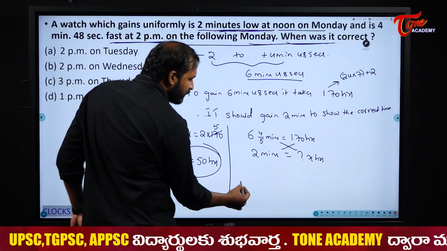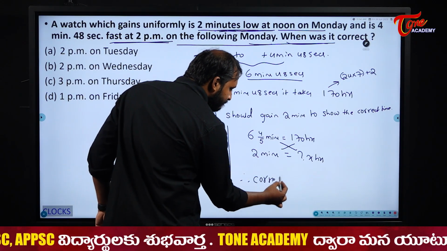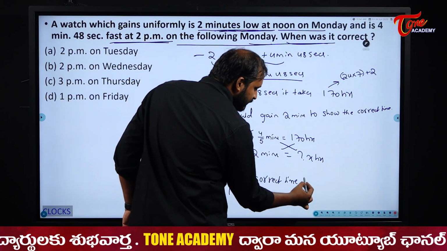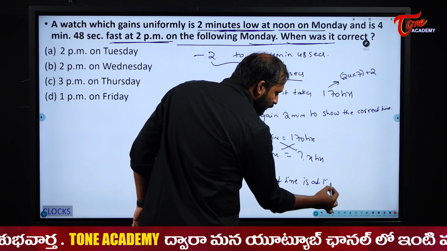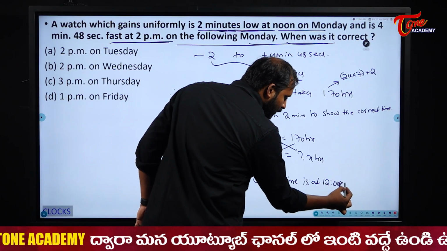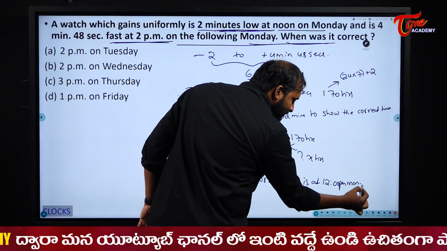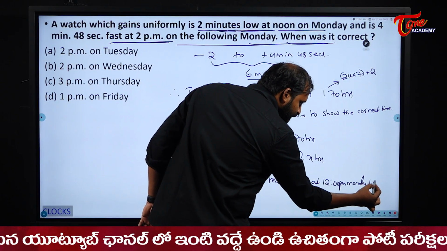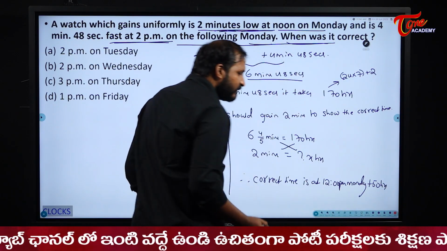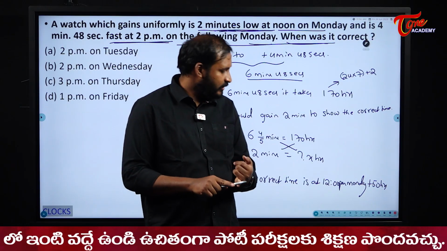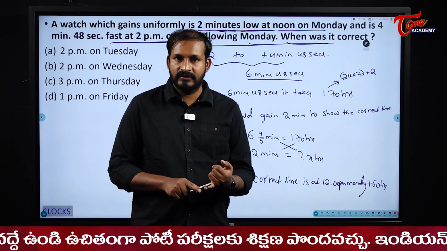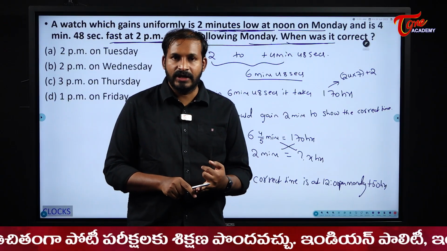So therefore the correct time is at 12 p.m. on Monday plus 50 hours. See, 48 hours means first Tuesday 12 p.m. is 24 hours. Wednesday 12 p.m. is 48 hours.